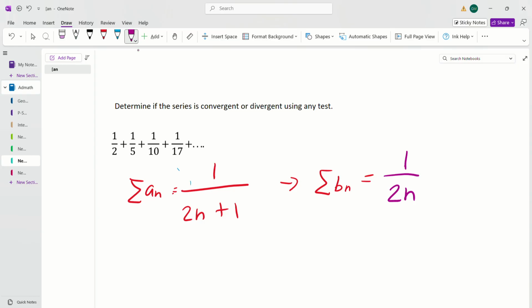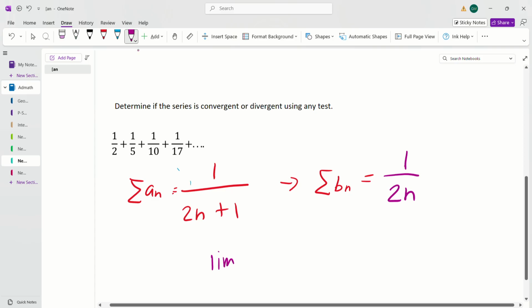Let's say we can use the limit as n approaches infinity.